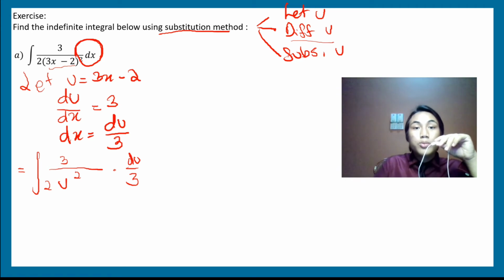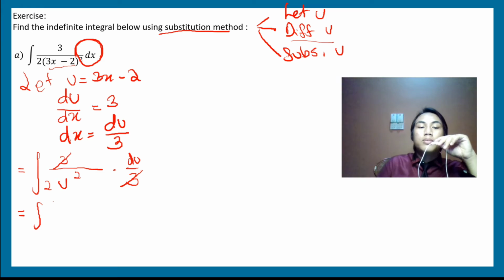Oh, look, we have a 3 in the numerator and 3 in the denominator. Can we cancel it? Yes, we can cancel it because 3 over 3 is 1. Okay, so here we have 1 over 2 u squared du, right?